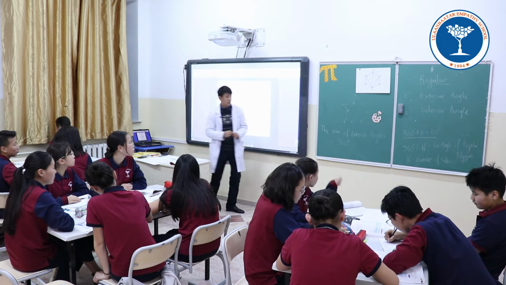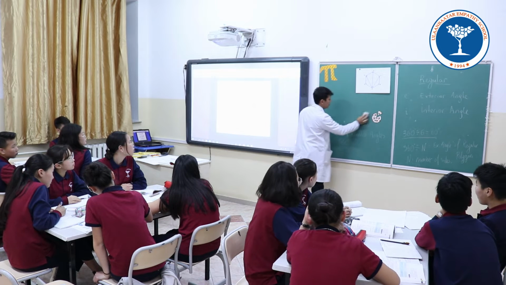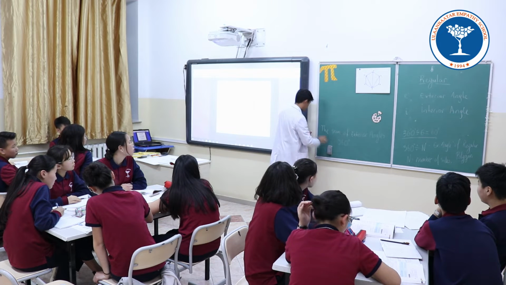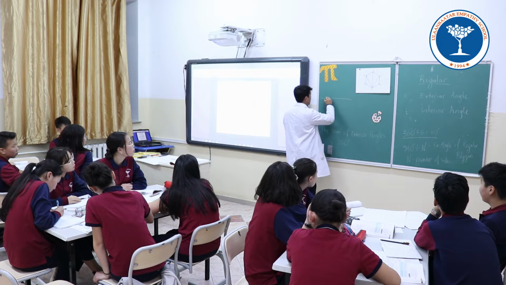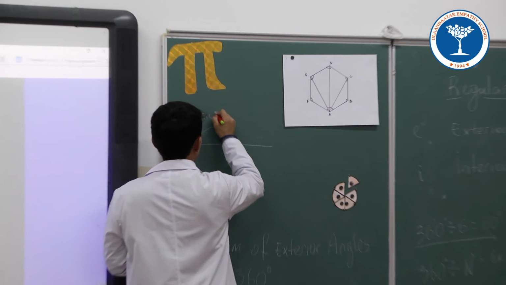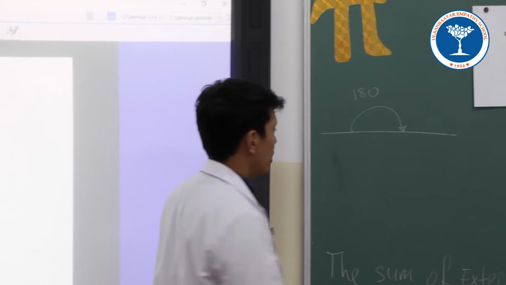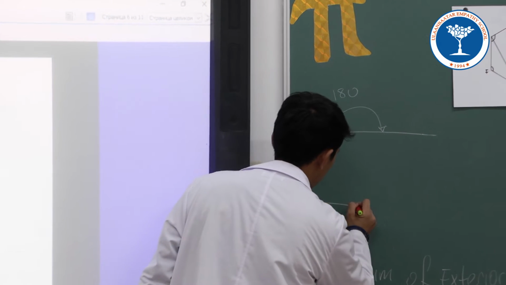How many degrees is the straight line? A straight line is 180 degrees, yes?